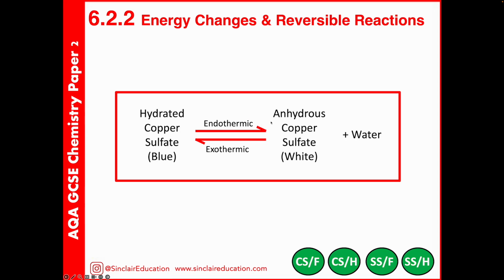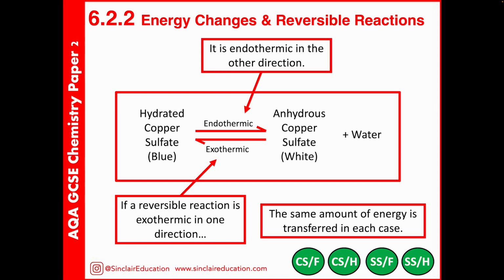But to go from anhydrous copper sulfate and water to the hydrated copper sulfate is exothermic. So what we know is that if we have reversible reactions, one will always be endothermic, the other reaction will always be exothermic. Because the energy can't be created or destroyed. If it's been taken in one way, it'll be released through the other.